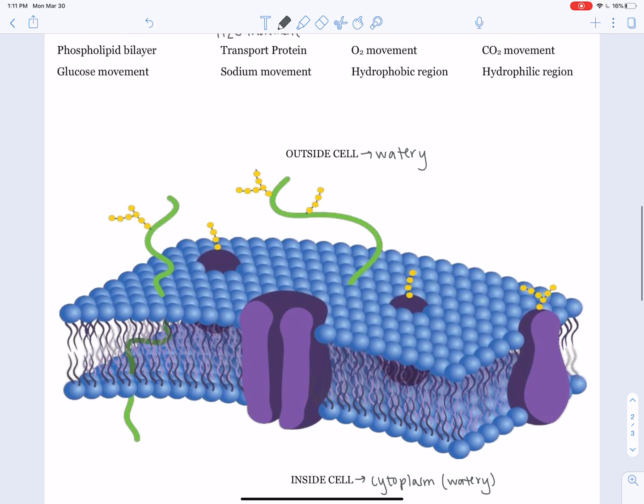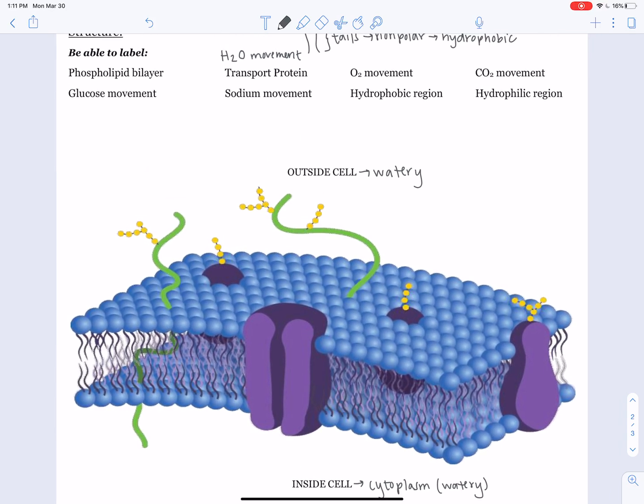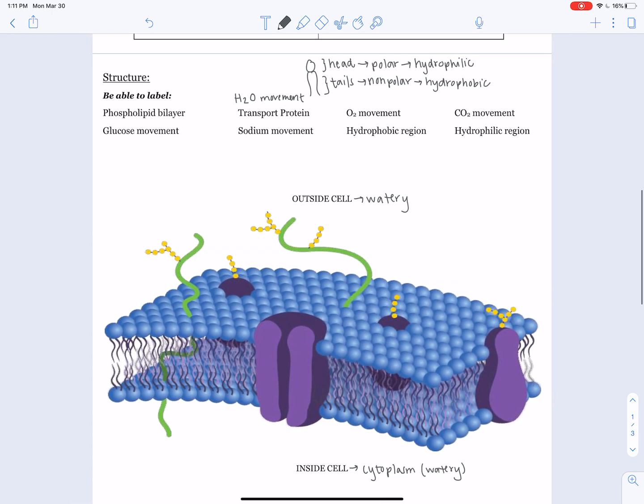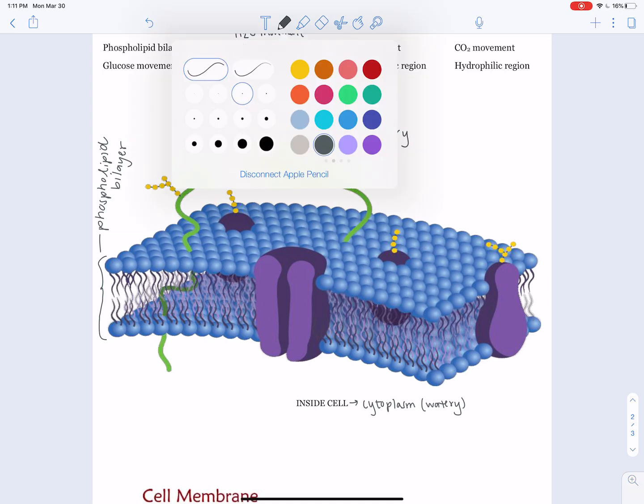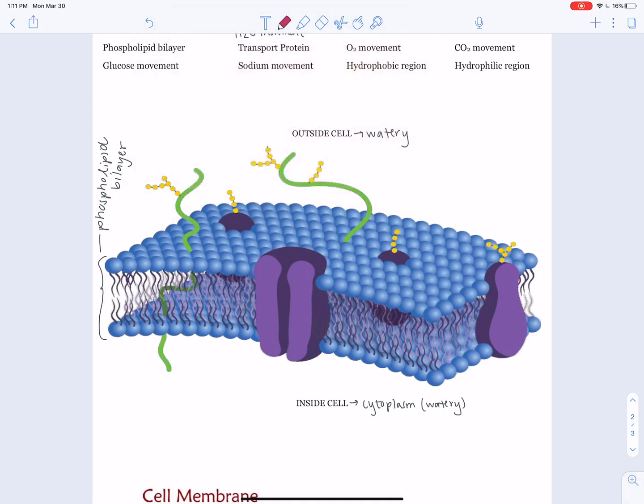Okay, so let's label our general structures, and then we can talk about how things move. So when I look at this, I see my phospholipid bilayer is the two layers of phospholipids. And let's recall that because the inside and the outside of the cell are both watery environments, we have two layers of phospholipids so that the heads can be on both sides, right?